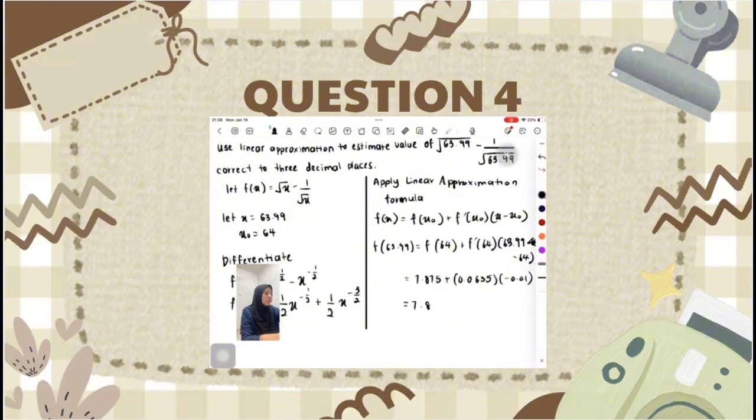Since the question asked to use 3 decimal places, the final answer is 7.874.